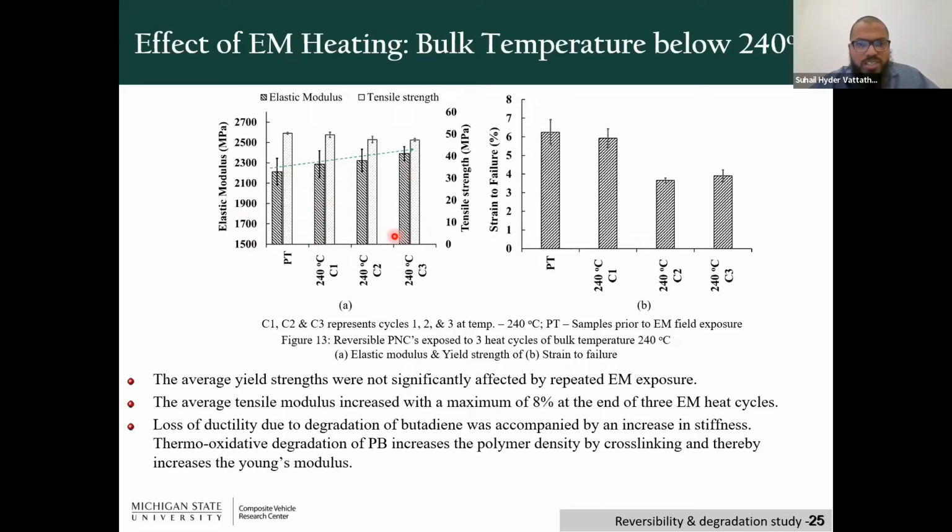You can see that the stiffness increases as you increase the heat cycles, but your strength remains almost the same, and the toughness reduces even within the processing temperature. That is because, again, we clearly saw the loss of butadiene, which means the toughness is reduced, and as you lose toughness, you automatically increase the stiffness of the polymer.